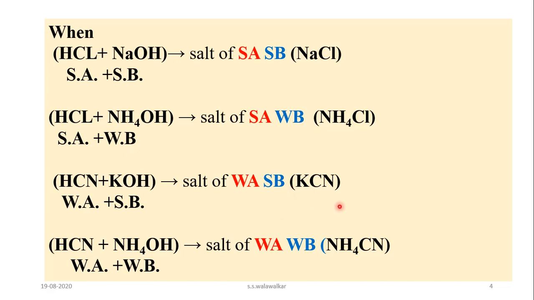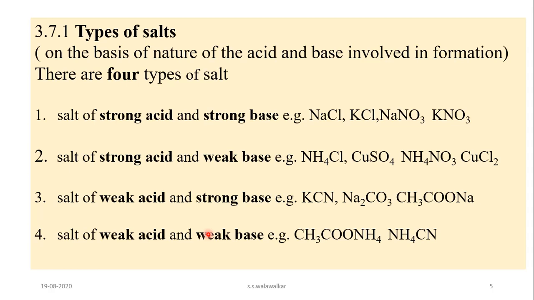Here potassium cyanide, this salt is formed from weak acid hydrogen cyanide and strong base KOH. Like that, ammonium cyanide, it is a salt formed from hydrogen cyanide and ammonium hydroxide. So depending on the nature of acid and base involved in formation of salt, there are four types of salt.